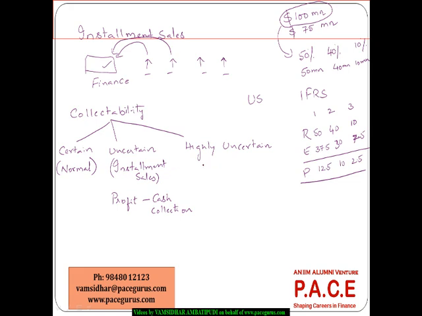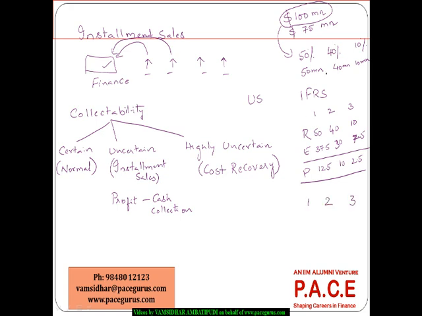Whereas when the collectibility is highly uncertain, I'll use a cost recovery method. Until my full cost is recovered or realized, I will not show my profit.